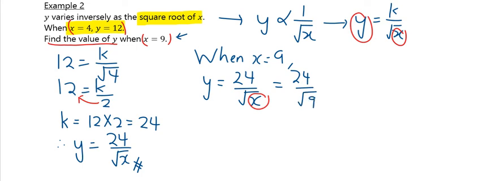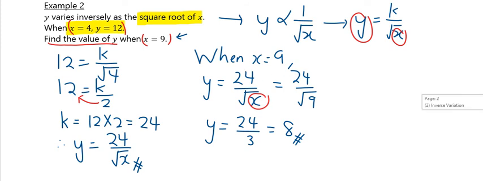So 24 over square root of 9 is 24 over 3. 24 divided by 3, you will have 8. You have to remind yourself that you substitute the first pair to get k, the constant of proportionality. Then you use the equation to find the value that you want. So that's example 2.